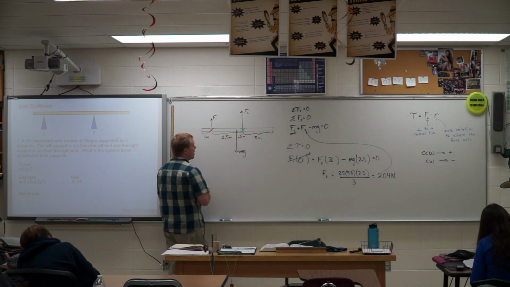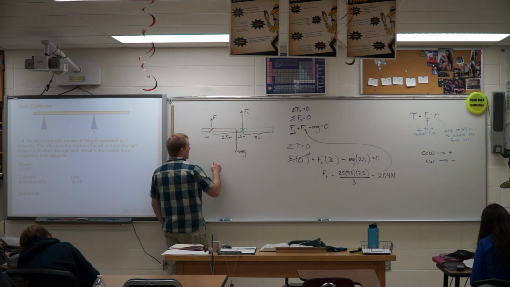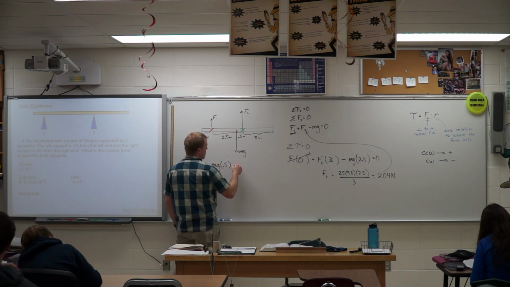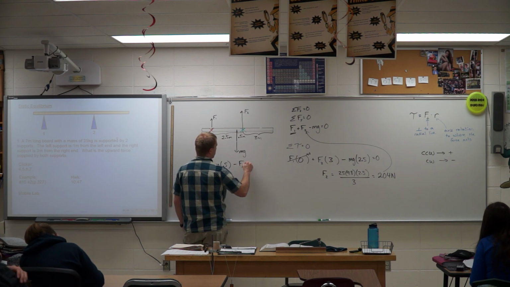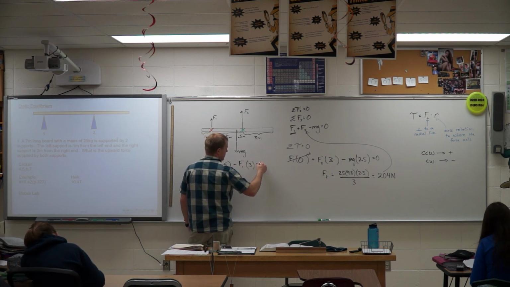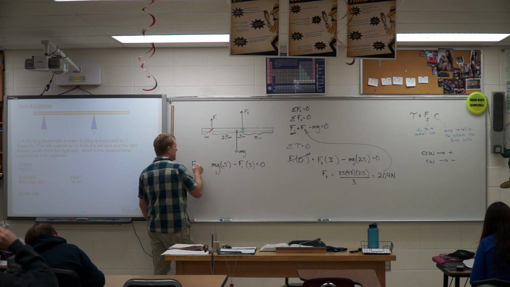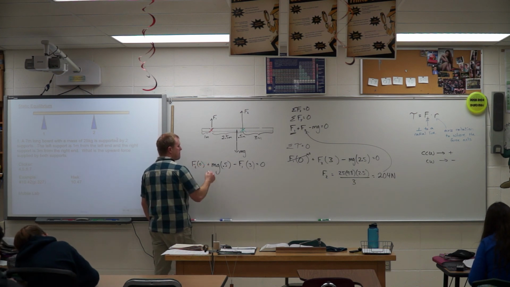I had to write down that equation you should have got. So you should have had mg times 0.5 minus F1 times 3 equals 0 because F2 is times 0. I don't know if you wrote it in there or not.